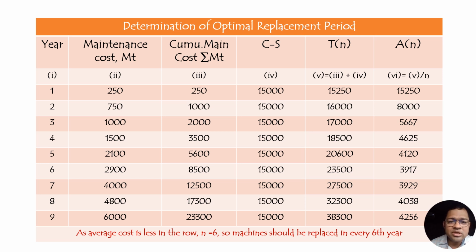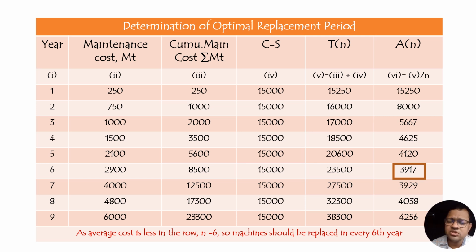As observed, in the sixth year the average cost is the least, and after that the average cost increases. Then you have to replace your machine after the sixth year. That's why the replacement period is the sixth year.